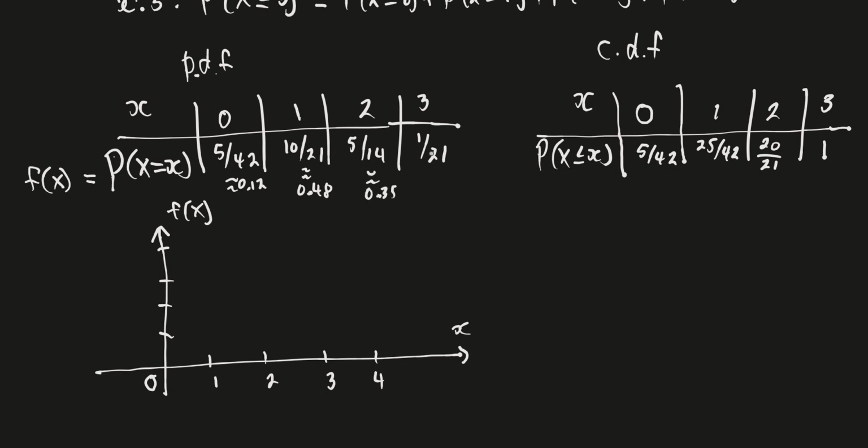And then the 1 over 21 is approximately 0.05. So if I put a scale that reflects these, maybe going up by 2's seems reasonable. So 0.2 and then 0.4, and I don't need to go beyond 0.6, but you can go up to 0.8 if you want.